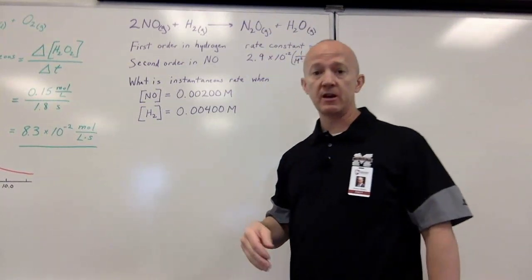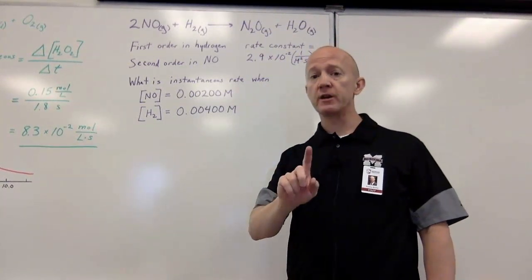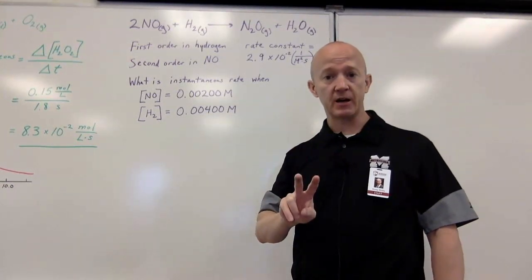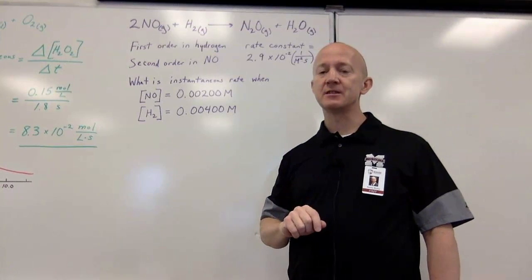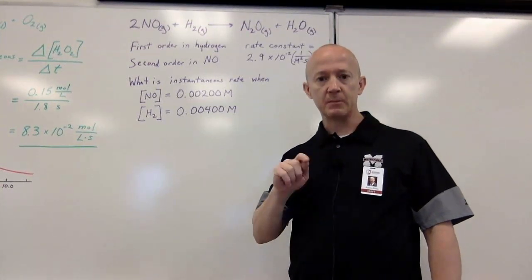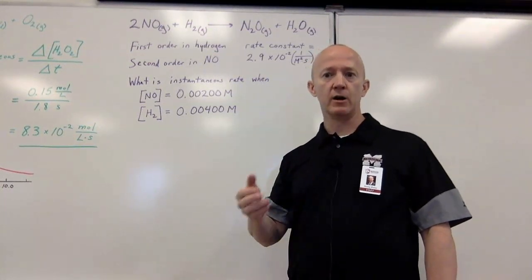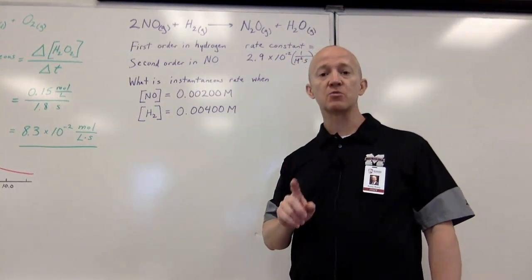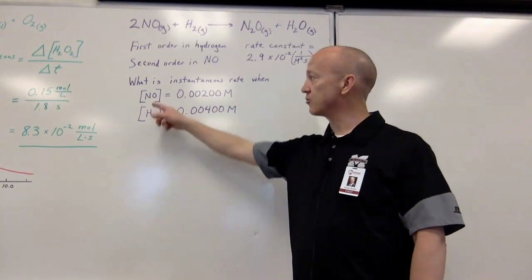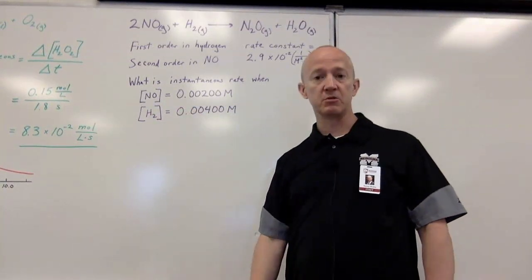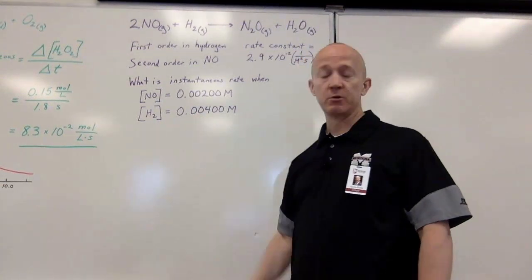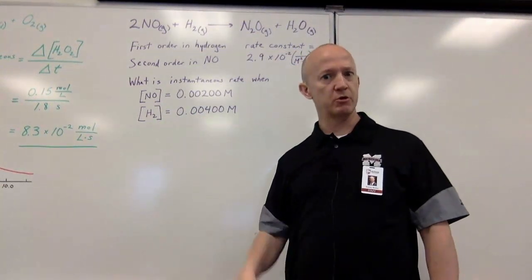In the problem they tell you it's first order in hydrogen, second order in nitric oxide, and the rate constant is 2.9 times 10 to the second 1 over molarity squared seconds. What is the instantaneous rate when the concentration of nitric oxide is 0.002 molar and the concentration of hydrogen is 0.004 molar? So how do we do it?